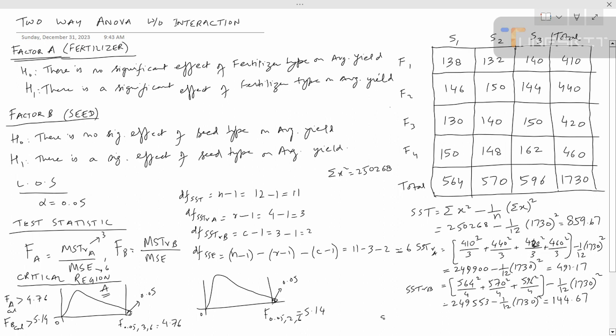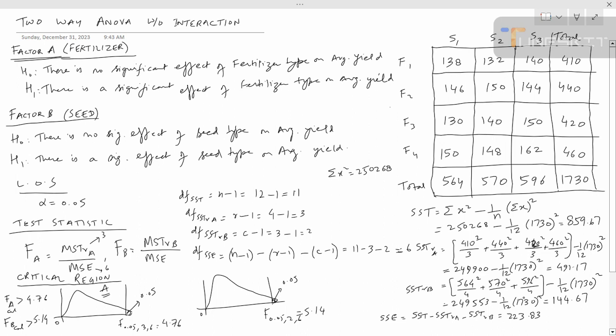Now we can compute SSE as the difference of SST, SSTR of A, and SSTR of B. So from SST, which is 859.67, take away 491.17, take away 144.67 is 223.83.